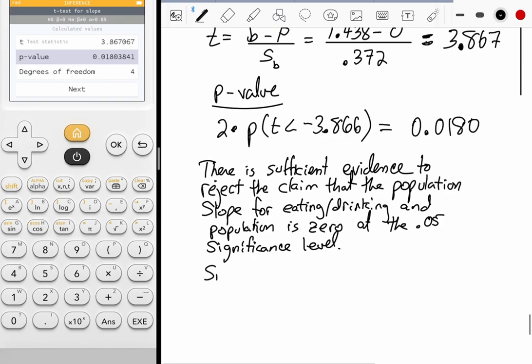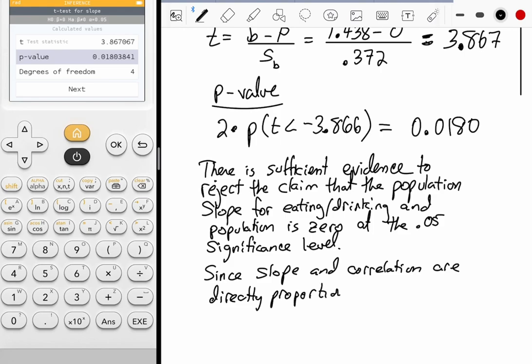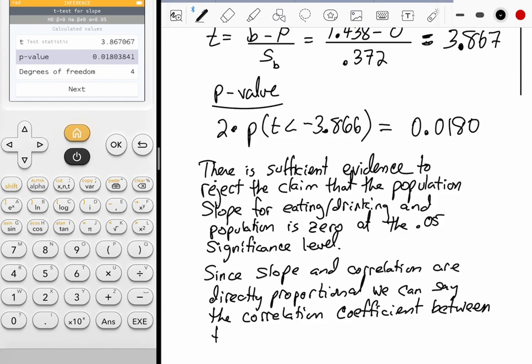So since slope and correlation are directly proportional, we can say that the correlation coefficient between the variables, because now we know what they are, or we've stated what they are, is not 0.